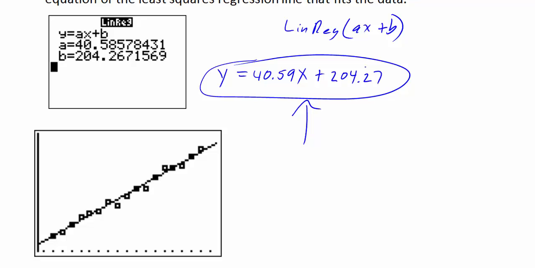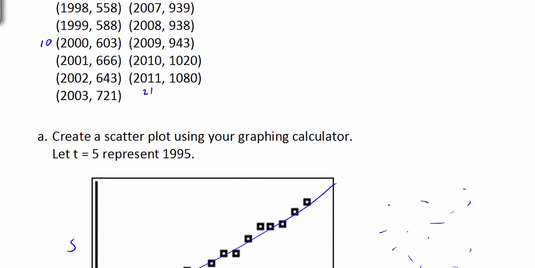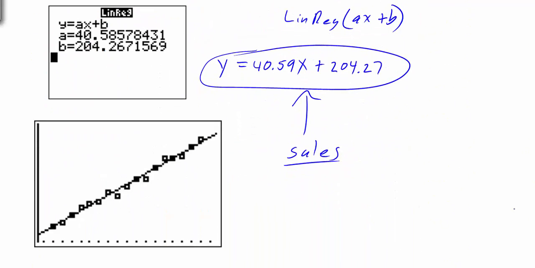Say that we wanted to predict what the sales are going to be. If we want to predict the sales, and let's say we went up through 2011, let's say that we want to know the sales in the year 2017. Well, if we want to determine that, we could simply use this equation. Then x, which is our t value, we said t is the x, so if this is 2017, then that would be what?